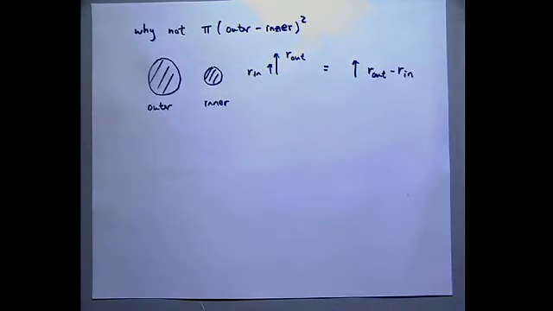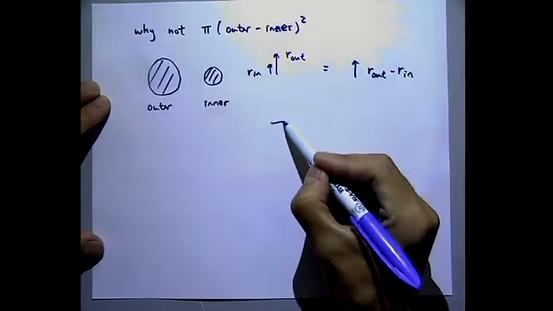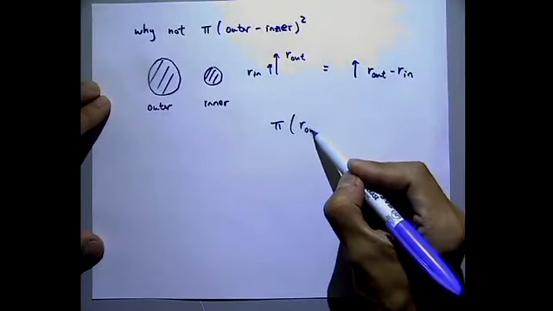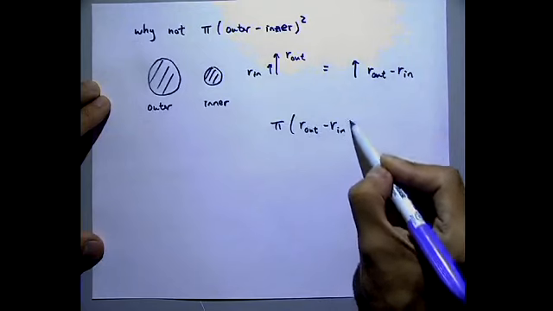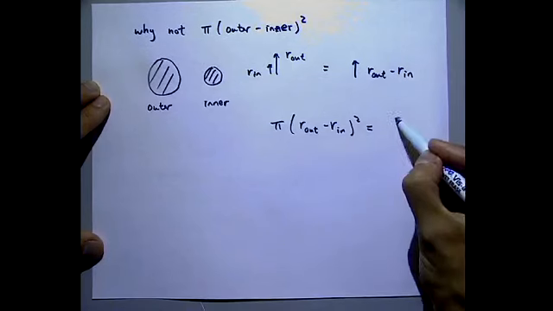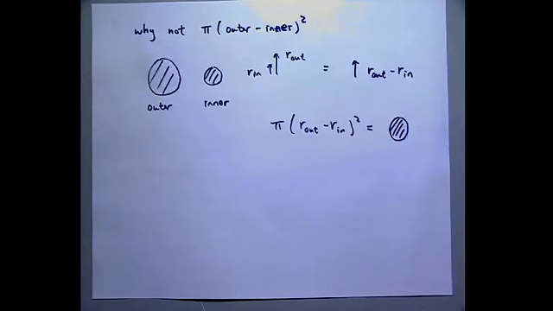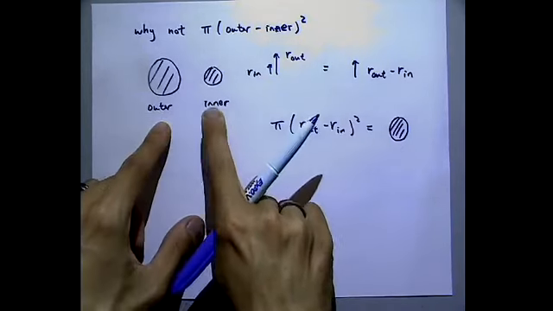Right? You get a shorter segment here. And when you do pi r squared, you end up calculating a solid disk and not a hollowed out disk. This is just pi times something squared. You end up calculating a smaller disk whose radius is the difference between this and that.